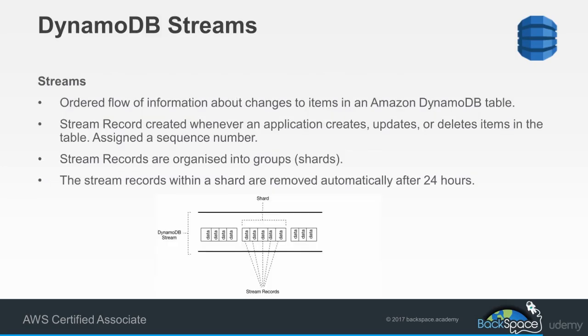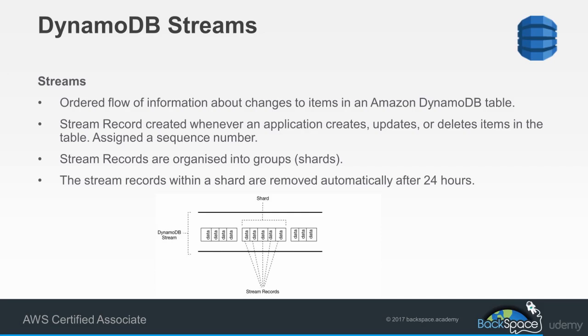Now, DynamoDB streams are a reasonably new introduction to DynamoDB. They're an ordered flow of information about changes to items in a table. That consists of stream records, and they're created whenever an application creates, updates or deletes items in that table. So whenever you change something in a table, or delete some item, or change the title of a book in that book's database, that will create a stream record, and that stream record will be assigned a sequence number.